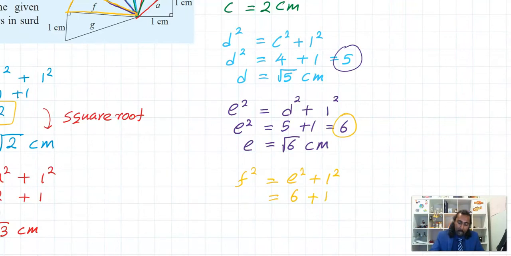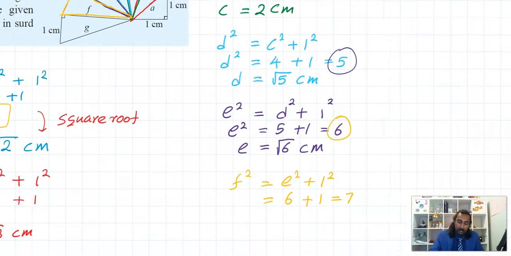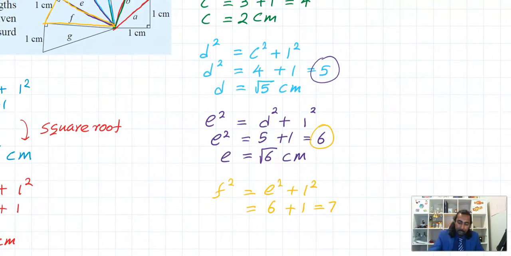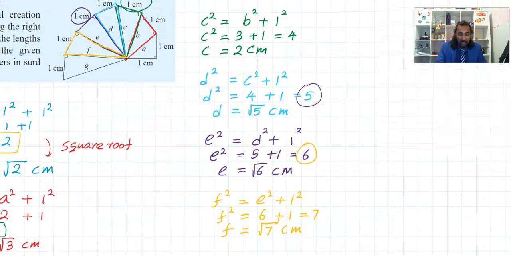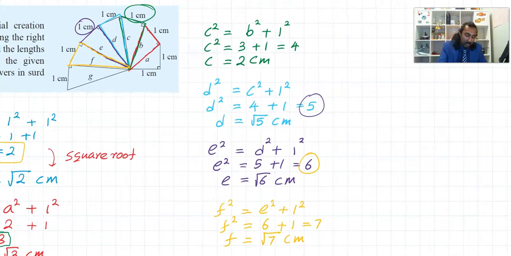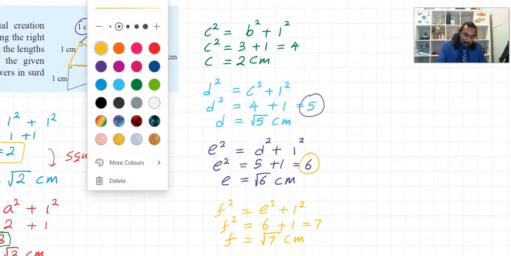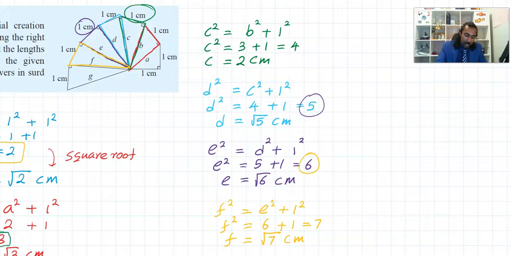Plus 1 is 7. Therefore, we get F is equal to square root of 7 centimeters. Final stretch. One last. We need to do one more and we are done. Hooray.